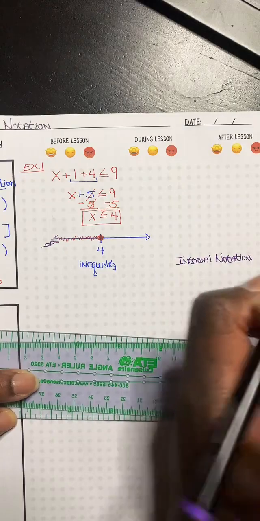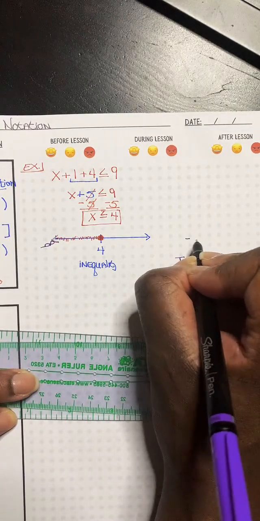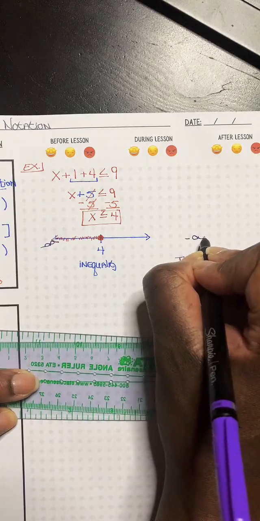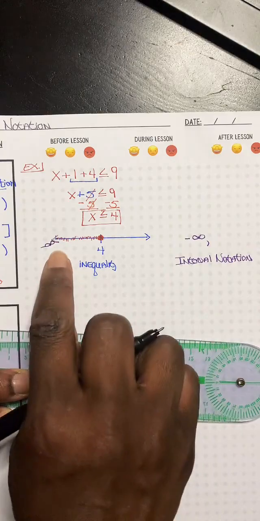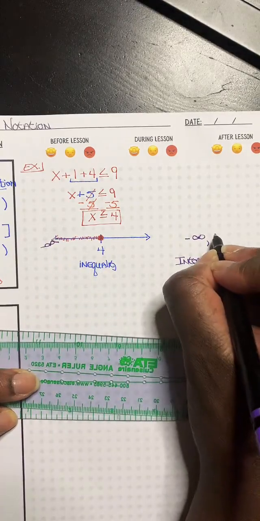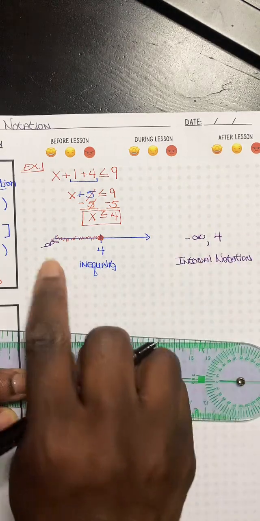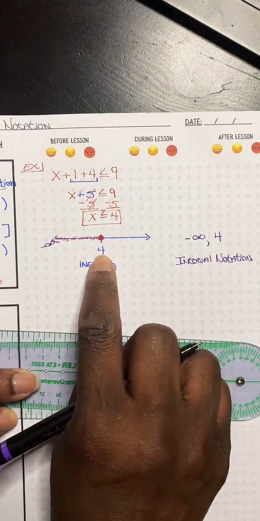We always start with the lowest number, which is going to be negative infinity. And we're going to go up to our highest number, which in this case is going to be 4. Because we're only going up to and including 4.